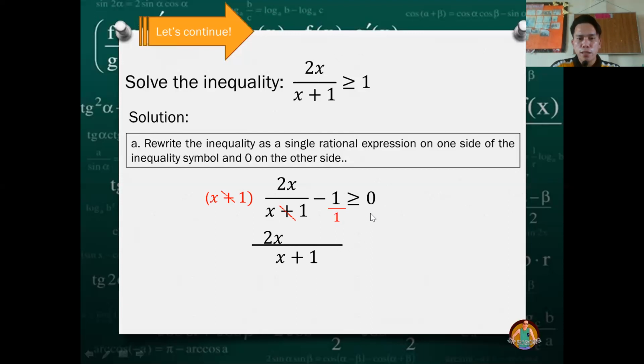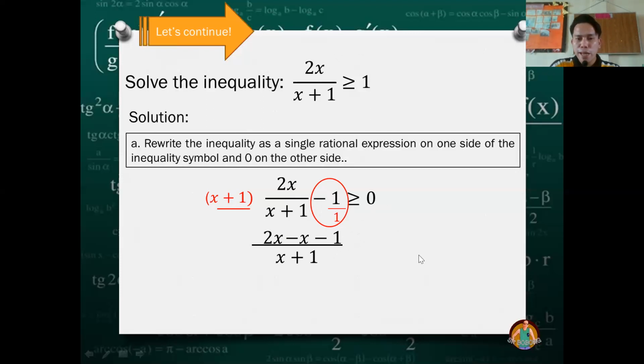Okay? So, next naman is x plus 1 and the negative 1 over 1. So, x plus 1 divided by 1 is positive x plus 1. So, positive x plus 1 times negative 1 will give us negative x minus 1. Okay? So, may negative kasi. That's why naging negative x and negative 1.